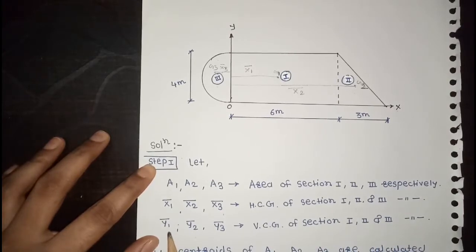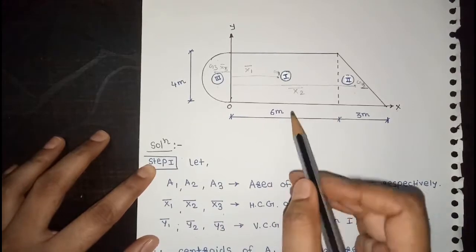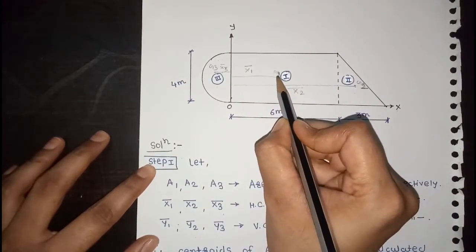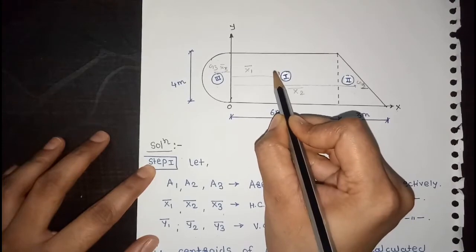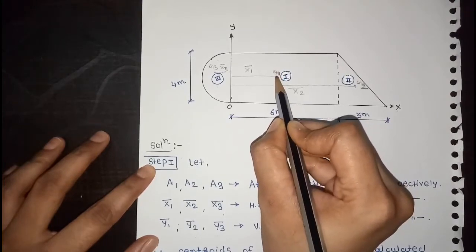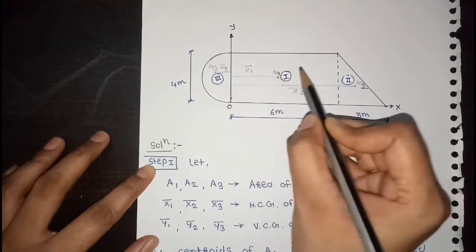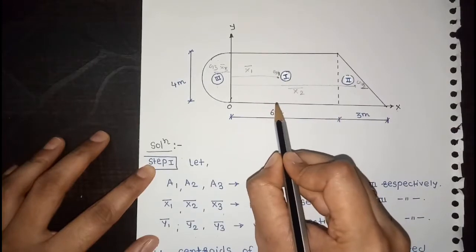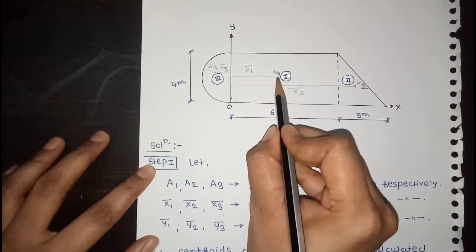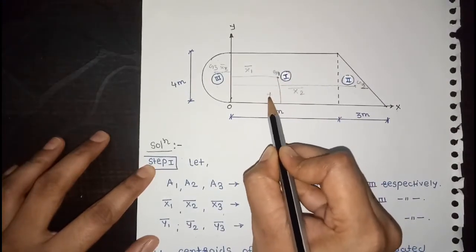So what is meant by Y1 bar? Y1 bar means distance of centroid, distance between the point G1 to base of x-axis.